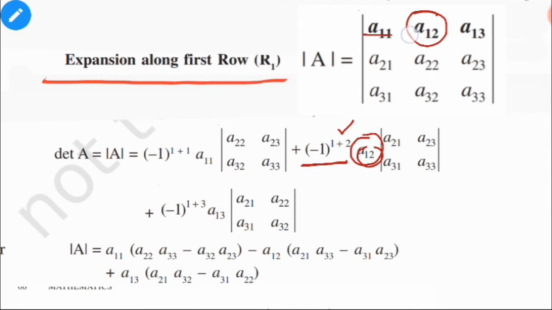Now delete first row and second column in which A12 lies. Remaining 2 by 2 determinant A21, A23, A31, A33. That is second term. Plus now third term.